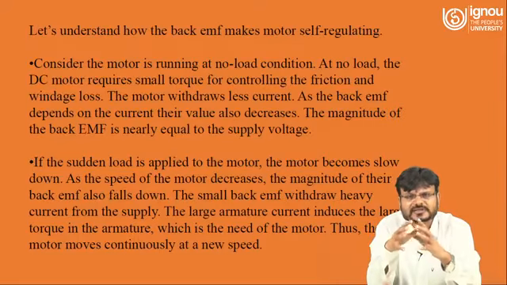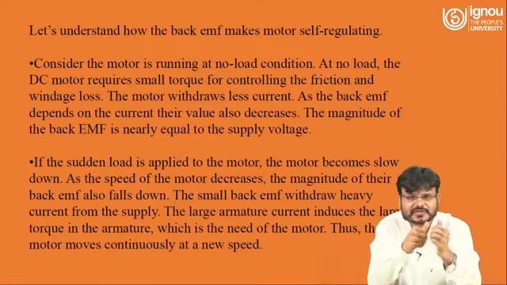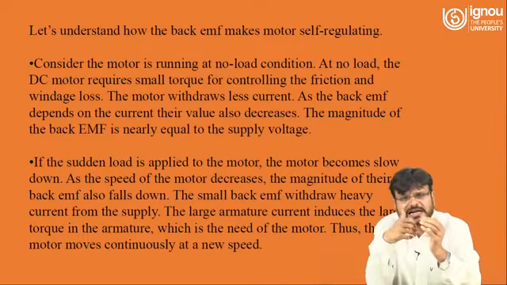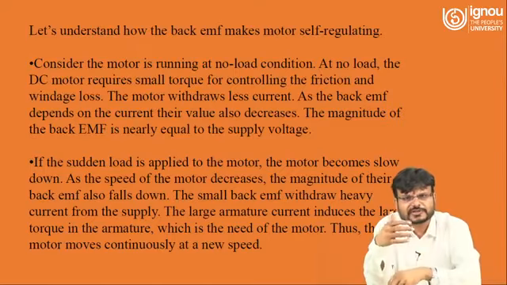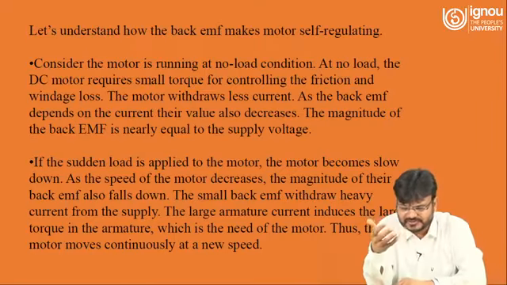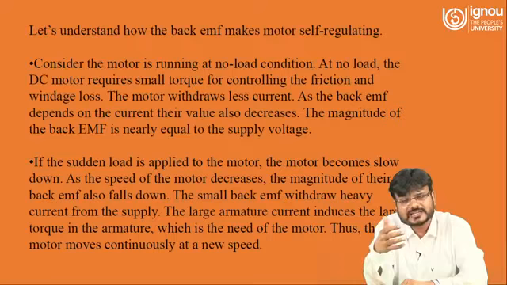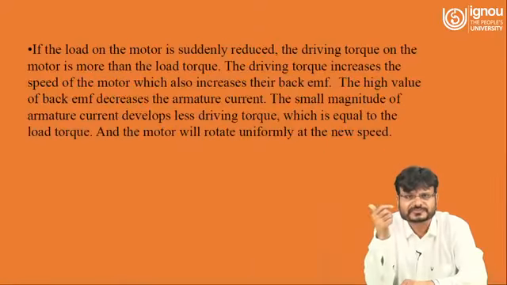The small back EMF draws heavy current from the supply, as I already told you. This large armature current produces a large torque in the armature, which is the need of the motor. So the motor continues to run at a new speed. So you can understand that this back EMF acts as a governor of the DC motor.